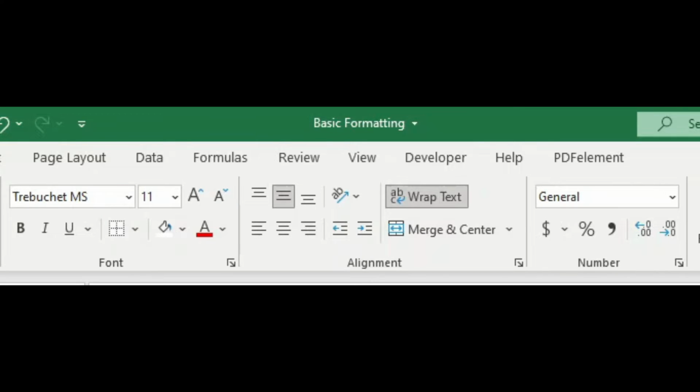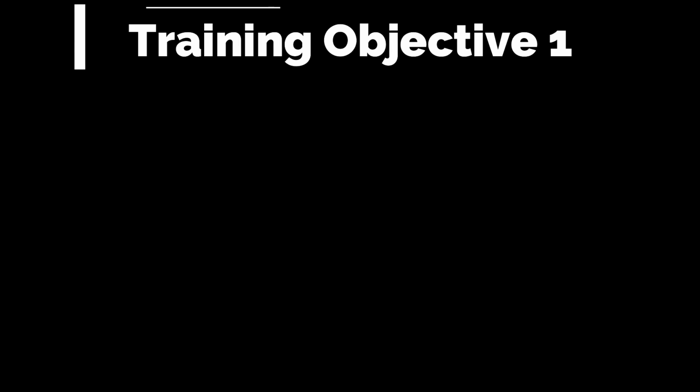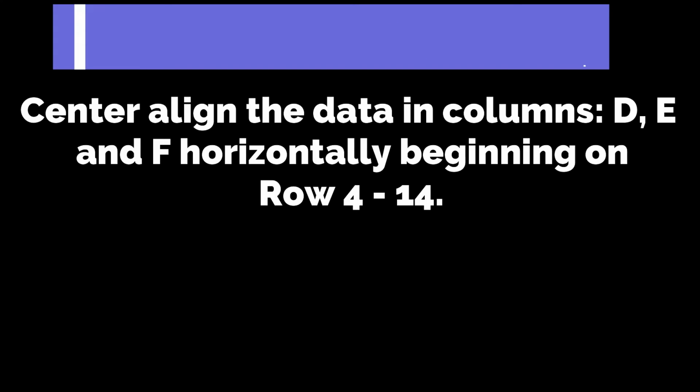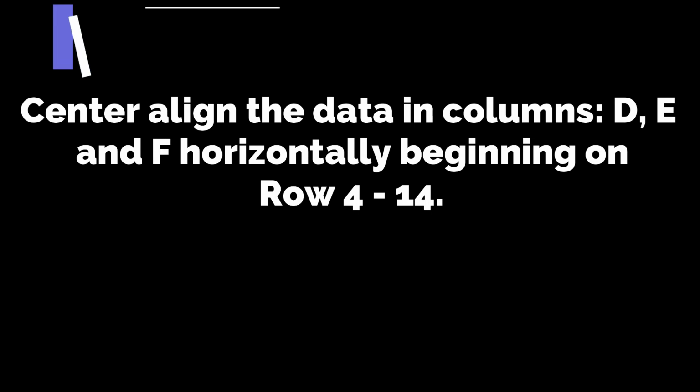Those 3 sections are font, alignment, and number. What we're going to do is start our training objective 1, which is center align the data in columns D, E, and F horizontally beginning on row 4 through 14.